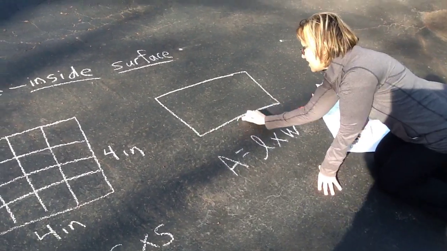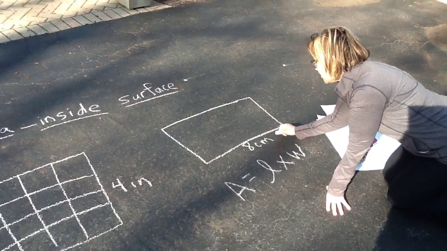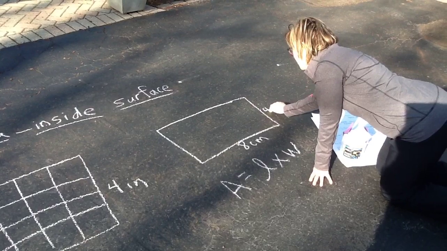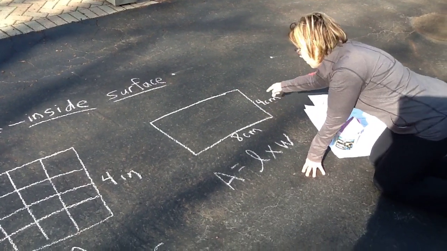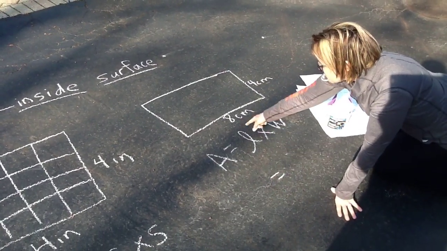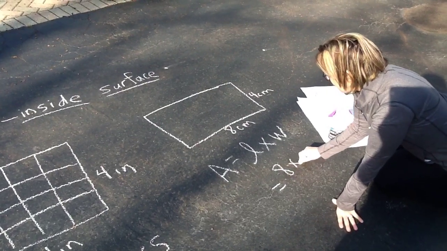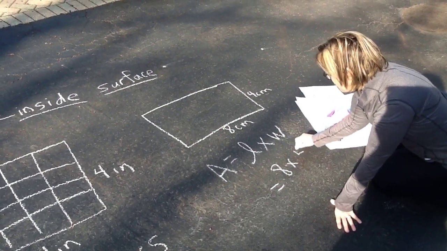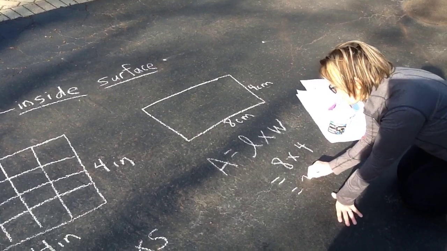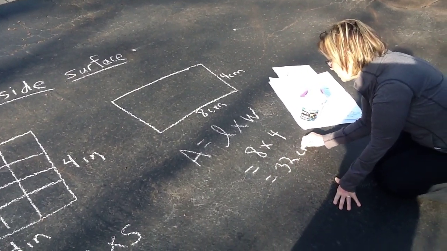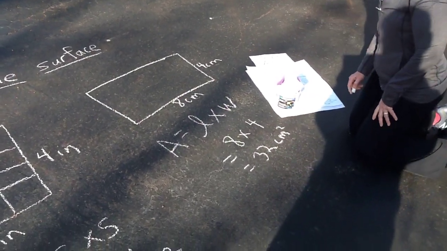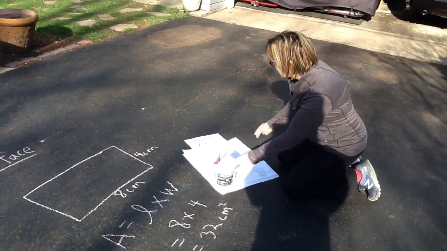If I had a length of 8 centimeters and a width of 4 centimeters, I would substitute the 8 for the length and the 4 for the width, and that would give me 32 centimeters squared, or 32 square centimeters.